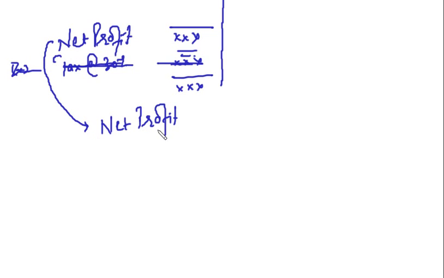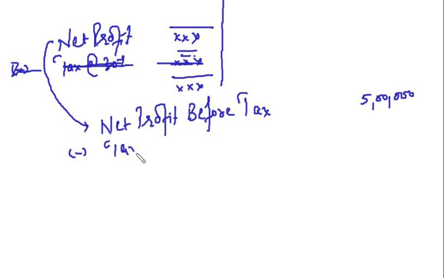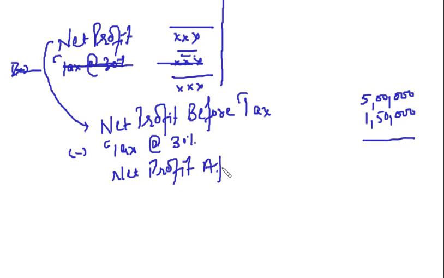I can write this as net profit before tax, say 5 lakhs. Now, the government says if your profit is this much, you will have to pay tax on this. So we'll pay tax at 30%, that is 1,50,000. How much is the net profit after tax?